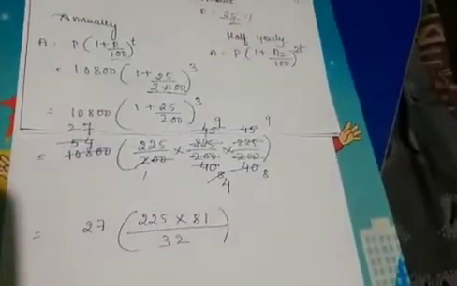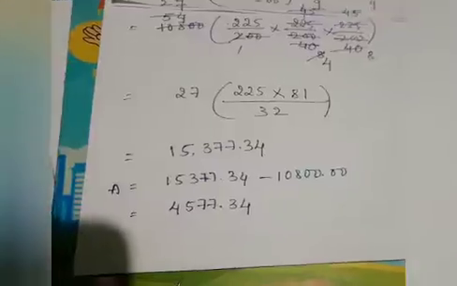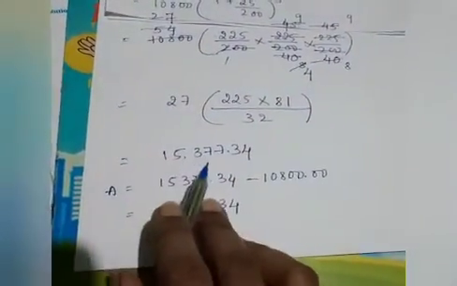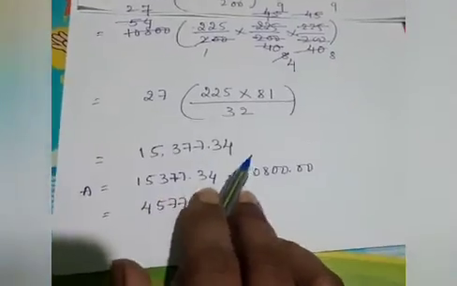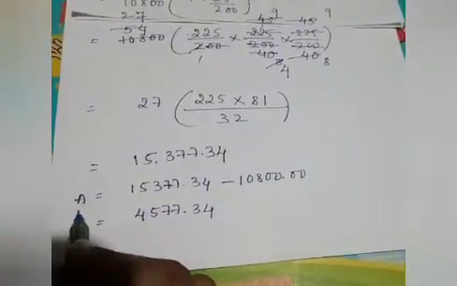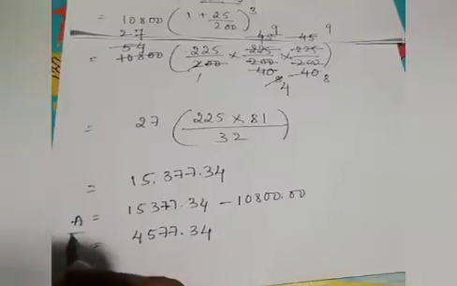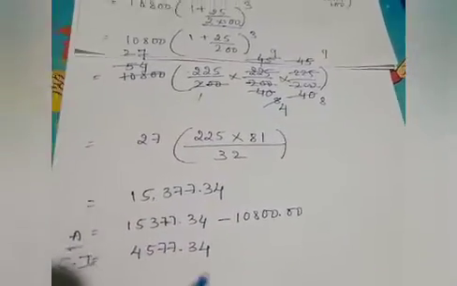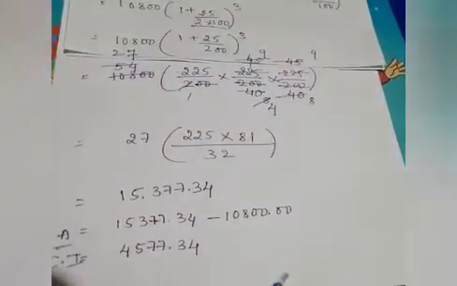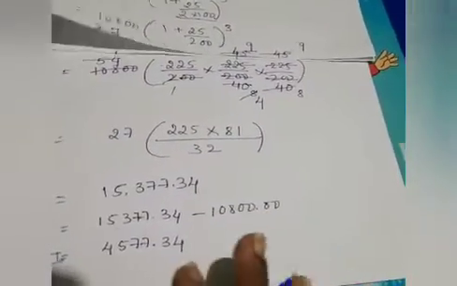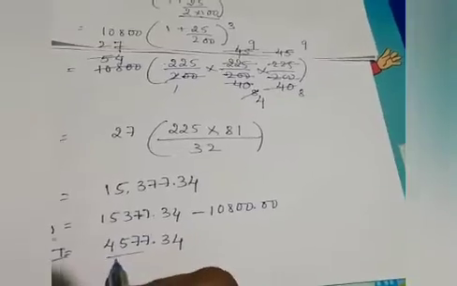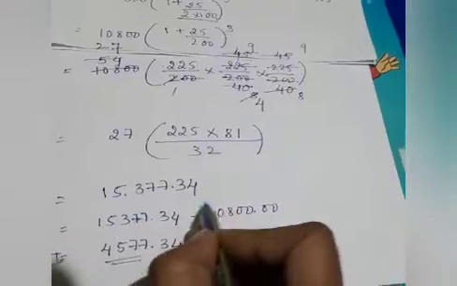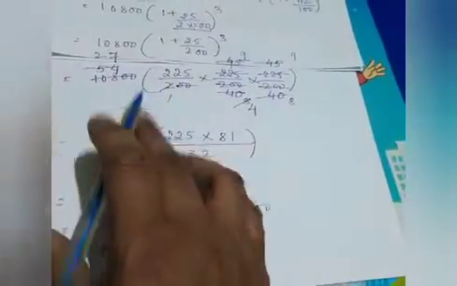If you simplify, after simplification we will get this answer, 15,377.34. This is the amount that we actually get. So when we want to know the compound interest, that means the interest we have paid after 3 years, this amount is the interest along with the principal amount 10,800.